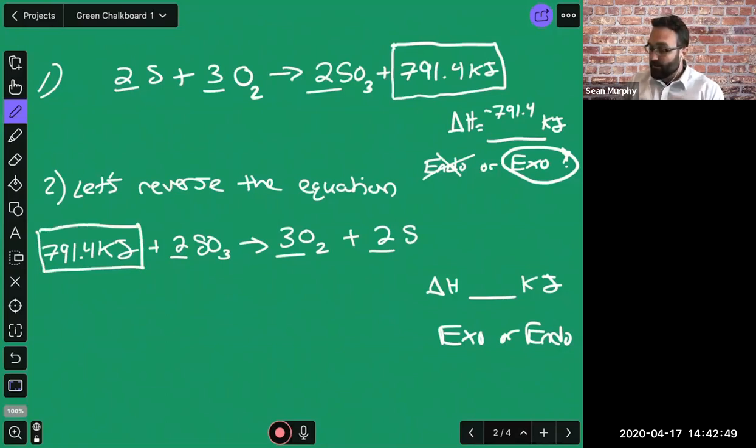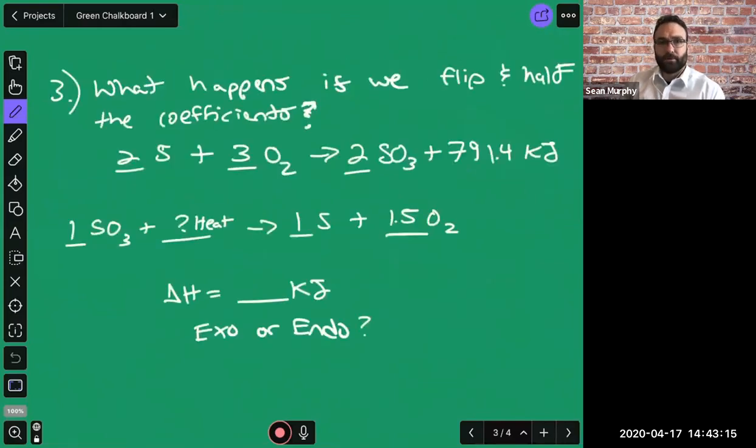And so we're going to have a positive 791.4 kilojoules of heat. Additionally, if it's on the left-hand side in the formula, it's going to be absorbed, therefore it's going to be an endothermic reaction.